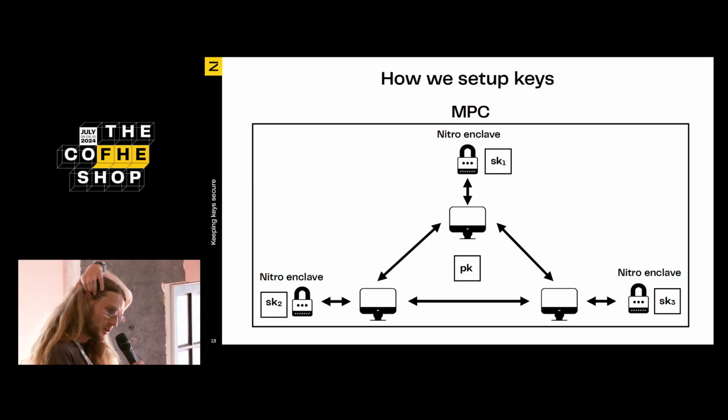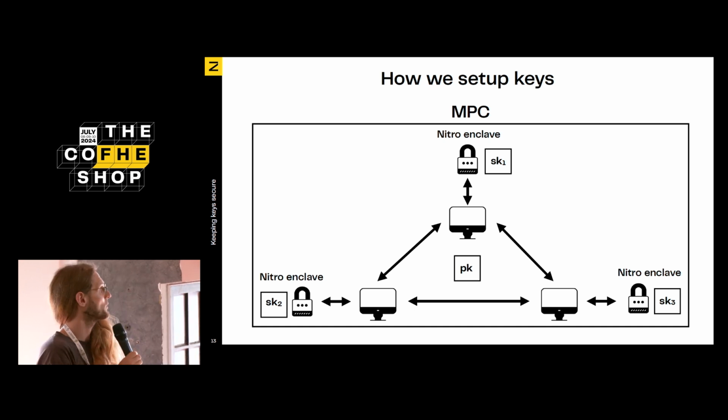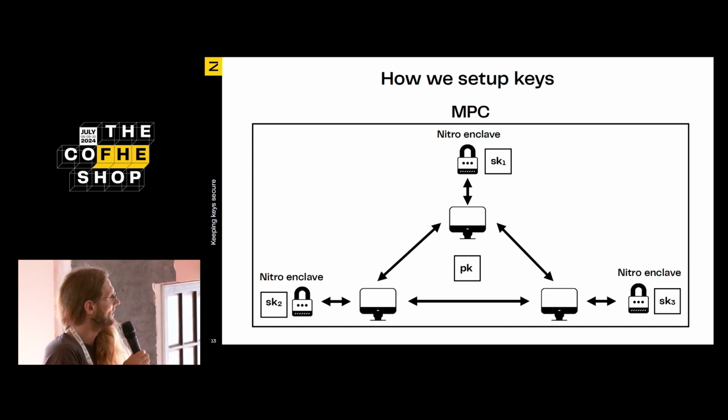If you're not familiar with MPC, just at a high level, the structure would generally look something like this. You have a set of different servers, and they're basically communicating with each other. This is how we start our whole system, with the key generation. Remember I mentioned we have one public key.